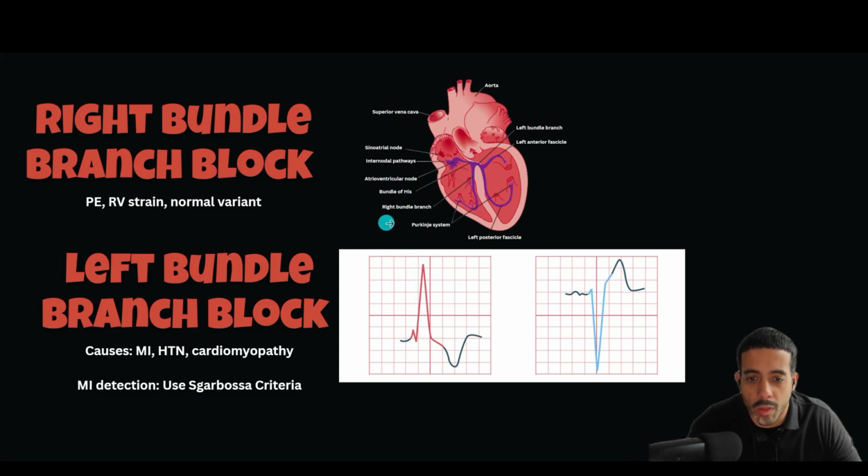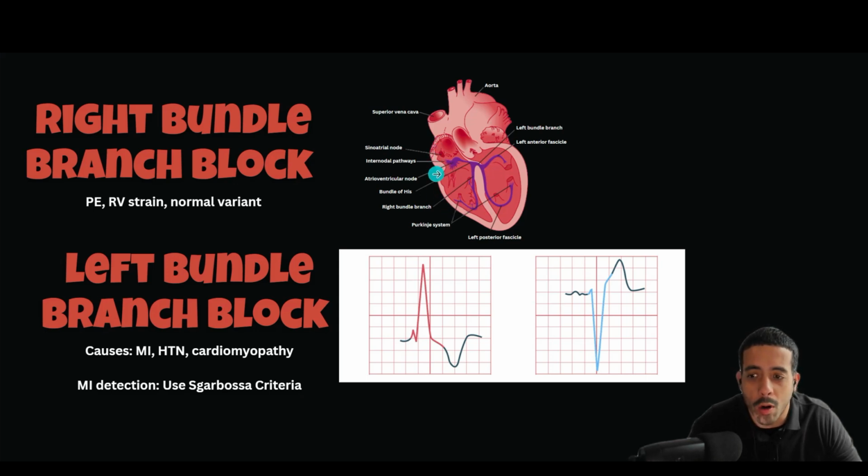For example, in a right bundle branch block, a person may be having pulmonary hypertension or pulmonary embolism. And remember, the right side is the side that has to do with preload. The right side connects the deoxygenated blood to the pulmonary circulation and then brings it back into the left side with oxygenated blood. So it's no wonder a PE will be on the right side.